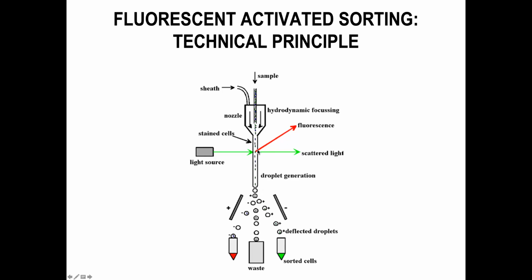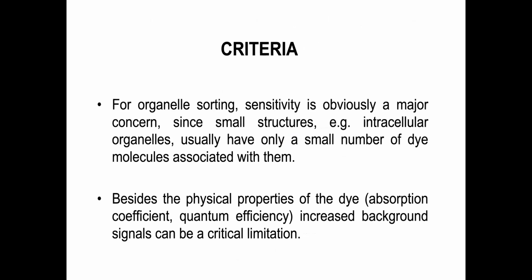And these vesicles that are generated by this vibrating nozzle have a different charge put on them, whether they are green, red, pink, magenta, whatever features you want, and they are deflected differently and can be collected. Here, for example, the red ones are deflected to the plus electrode, the green ones are deflected to the minus electrode, and what is collected in the middle is the waste, which contains neither of these colors. By that, you can generate very, very pure organelle fractions.